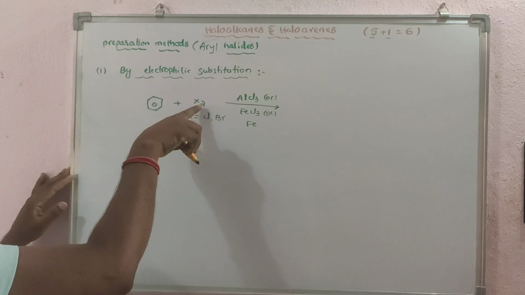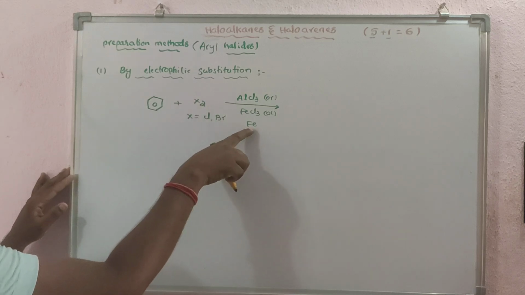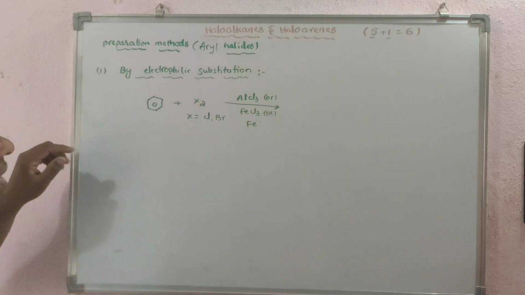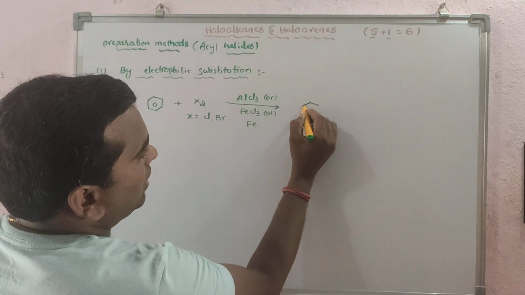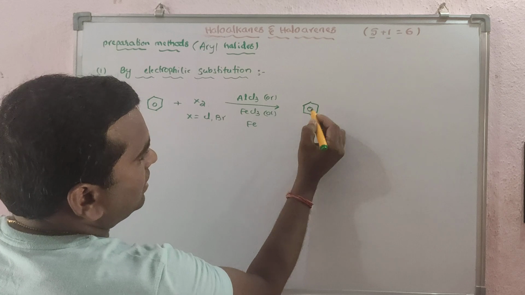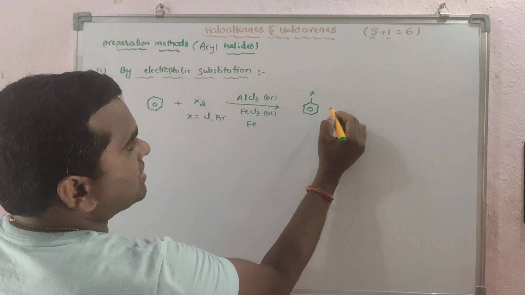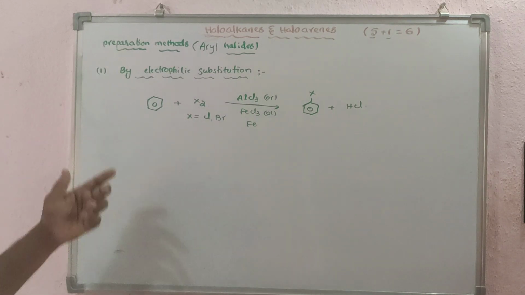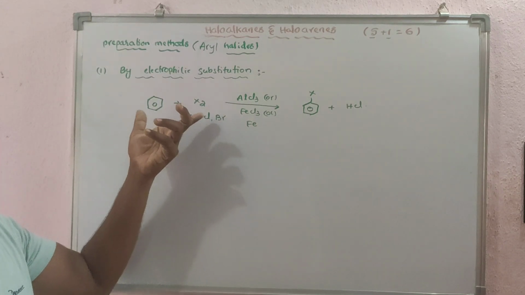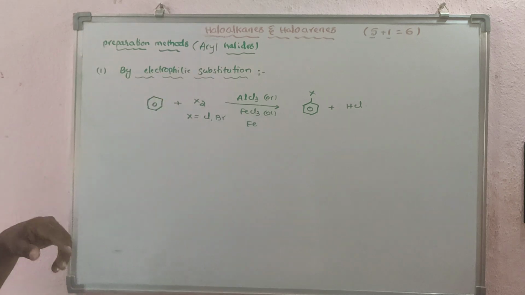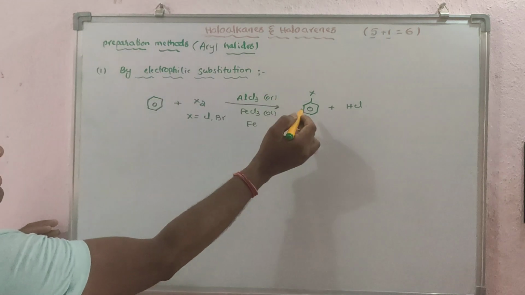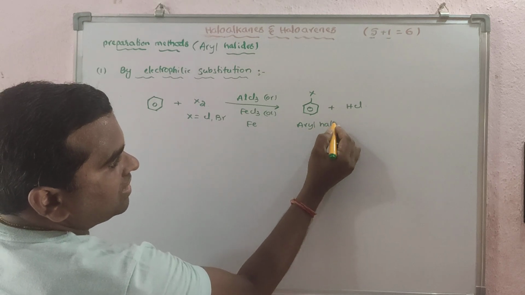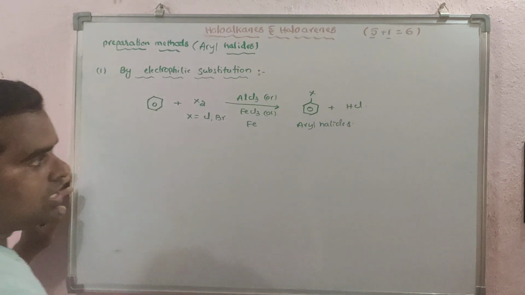Because iron reacts with, suppose, chlorine, and you will get FeX3, meaning FeCl3. Then the compound you will get is the aryl halide, plus HCl. So we call this a halogenation reaction, and it is an electrophilic substitution reaction, and we prepare aryl halides.